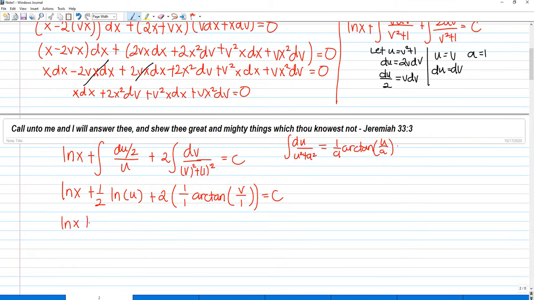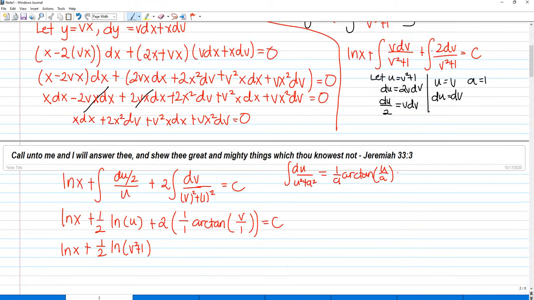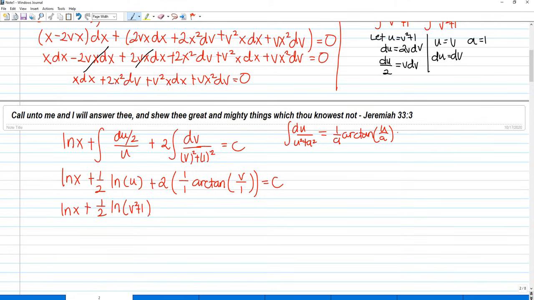So we can simplify now this 1/2 ln of u. The u here is v squared plus 1. If we back sub it, plus 2 arctan of v equals c.